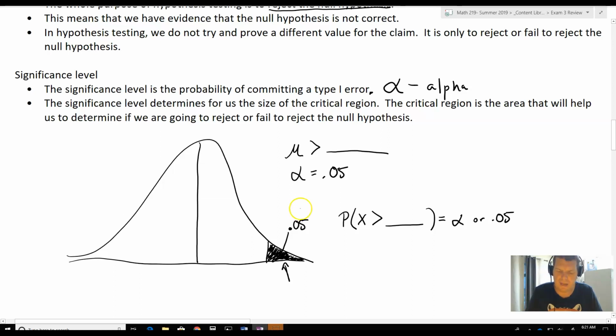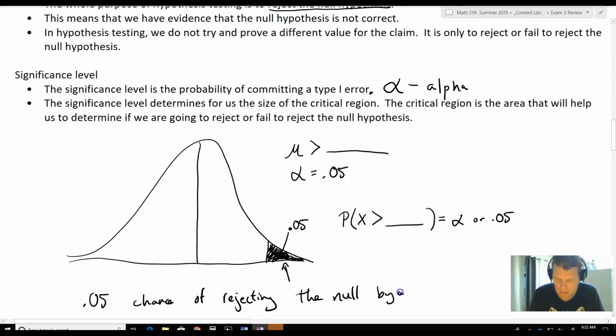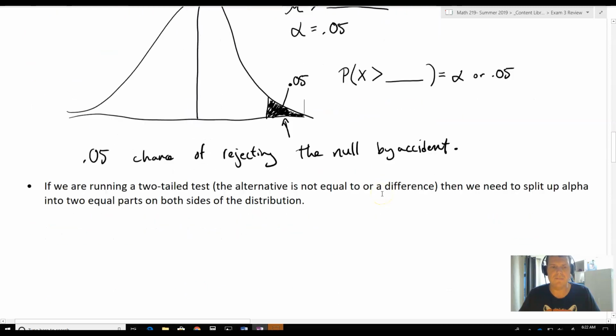So in this case, we have a 0.05 chance of rejecting the null by accident, actually. So a fairly low chance that we're actually going to reject the null by accident. Okay, so just as a review, the significance level tells us the size of the critical region, and it's the critical region that's going to help us determine whether or not we reject or fail to reject the null hypothesis.